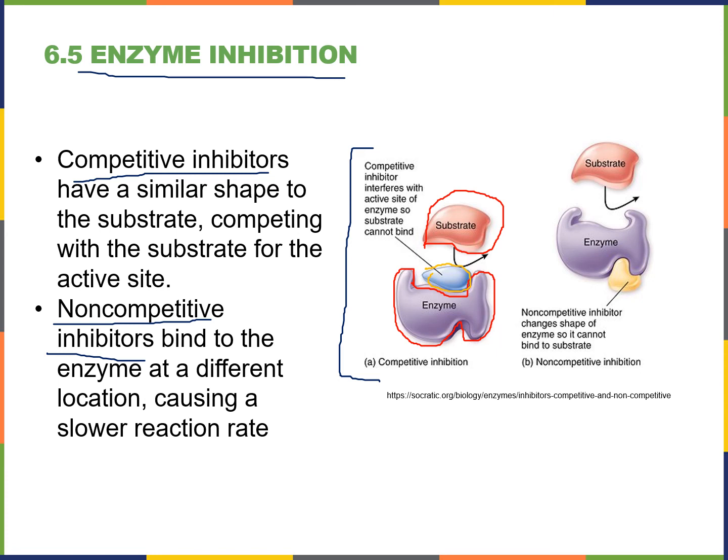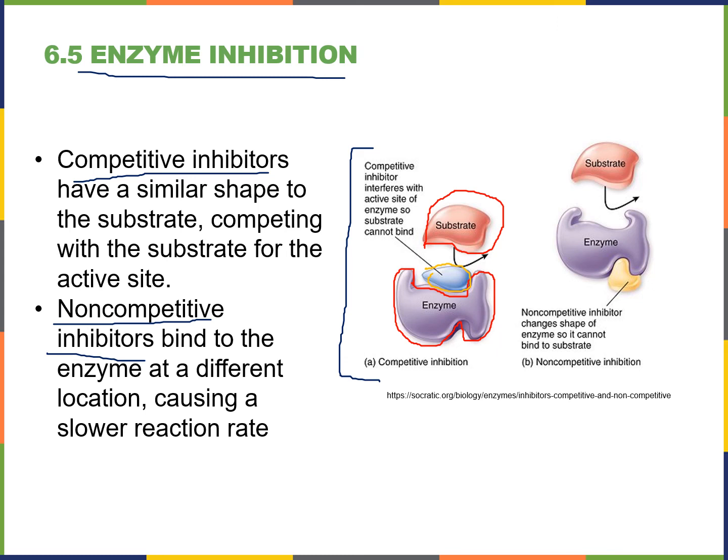Another example is a different key, a non-functional key that fits in the lock but doesn't turn the lock. That key prevents another key from going into the lock, but it doesn't turn, so it doesn't facilitate any of the downstream reactions.